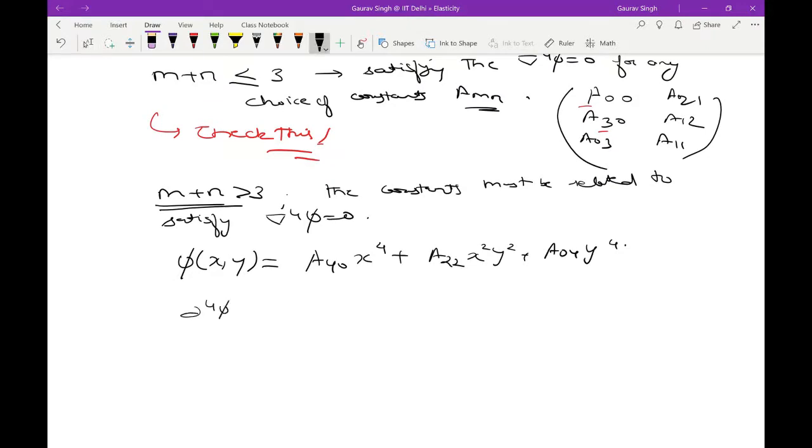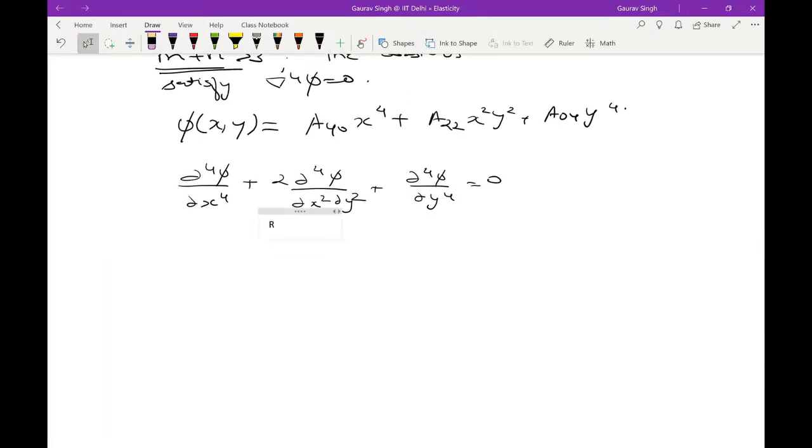We should first write the biharmonic equation. So this would be a40 x to the power of 4 plus a22 x square y square plus a04.